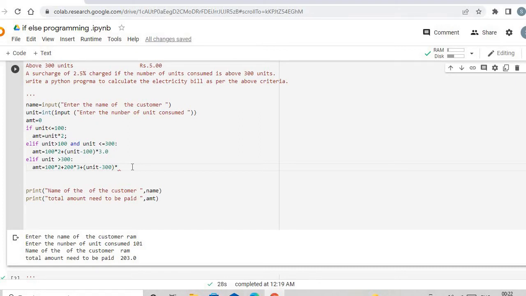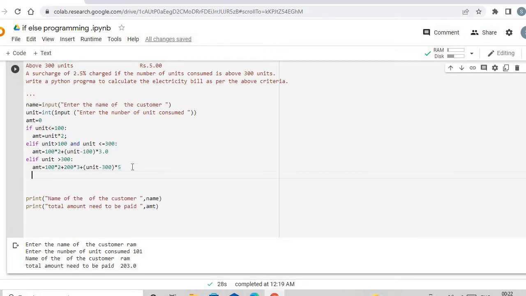So here we are calculating the surcharge. Surcharge equals amount into 0.025.